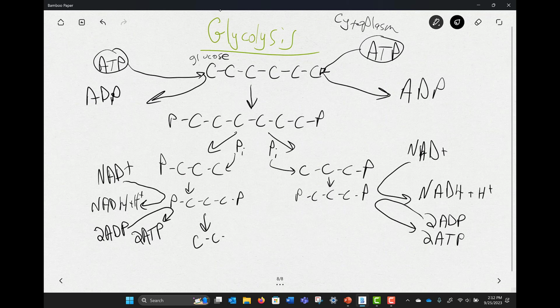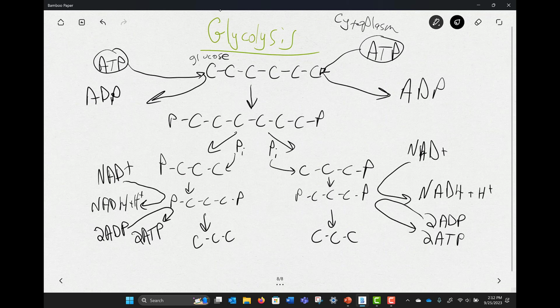And we are left with 2 3-carbon compounds. There's no risk of these sticking back together because we've removed some electrons and some protons, and now they don't really like each other too much, so we don't have to worry about them coming back together on their own.